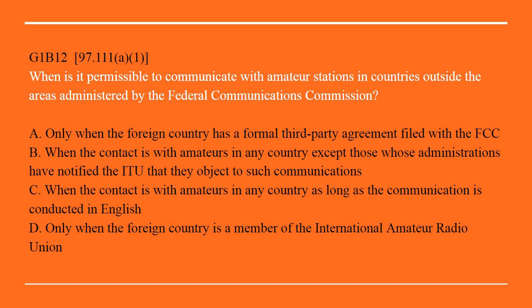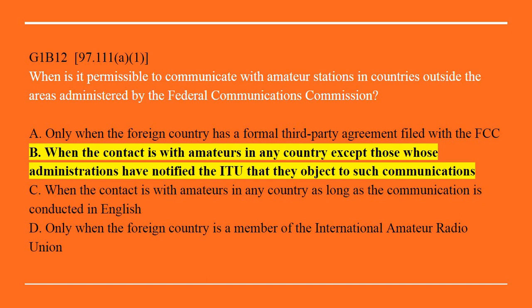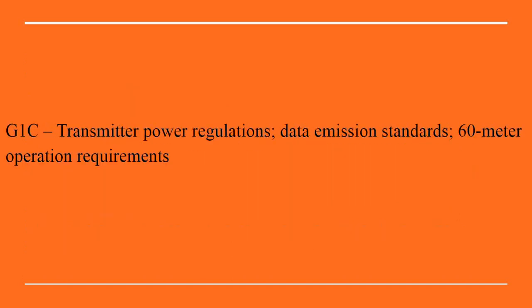C. When the contact is with amateurs in any country as long as the communication is conducted in English. Or D. Only when the foreign country is a member of the International Amateur Radio Union. Correct answer B. When the contact is with amateurs in any country except those whose administrations have notified the ITU that they object to such communications.